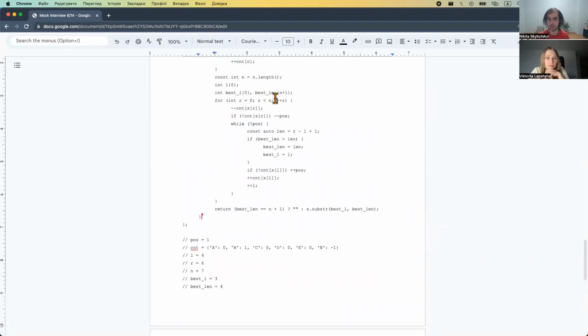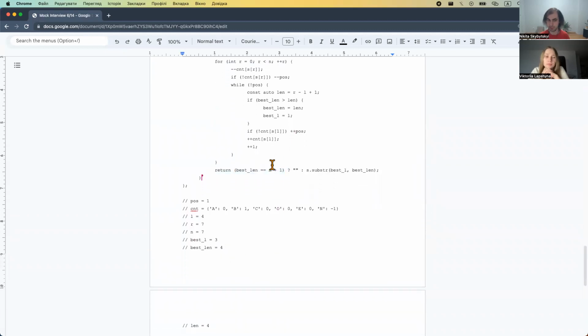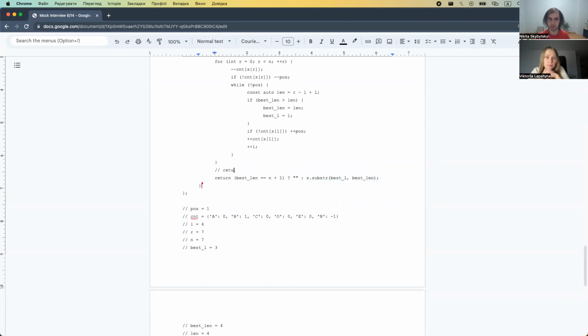We increment right, right gets to n, so we end the for loop as well. We look here. Best length is 4, it is not 8. So we return the second part. This is like return this if this else that, as best something.